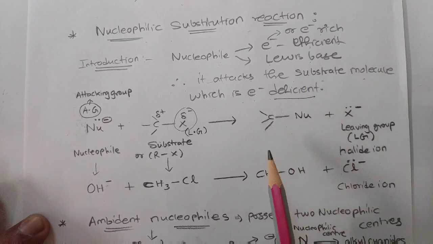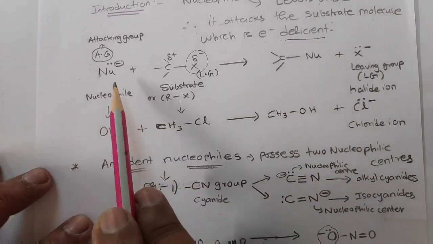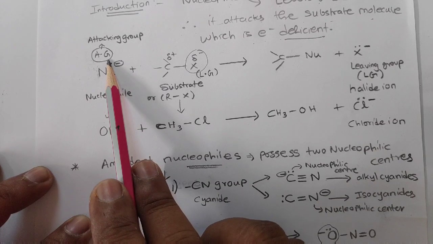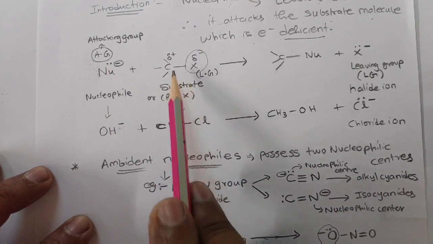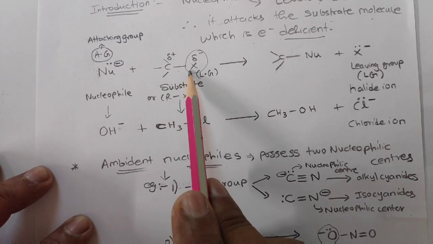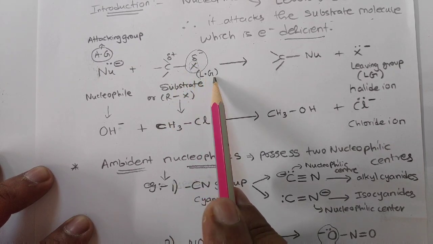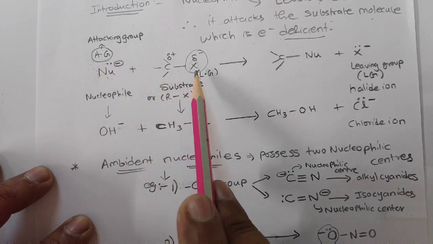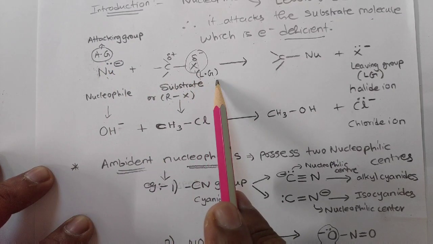Now what is substrate? So when we talk about this reaction here, you can see this is a nucleophile which is going to attack whom? The substrate. Now this substrate is nothing but what we call an alkyl halide, RX group it is. So this halogen is a leaving group. Nucleophile is an attacking group written as Ag, and this halogen is written as Lg.